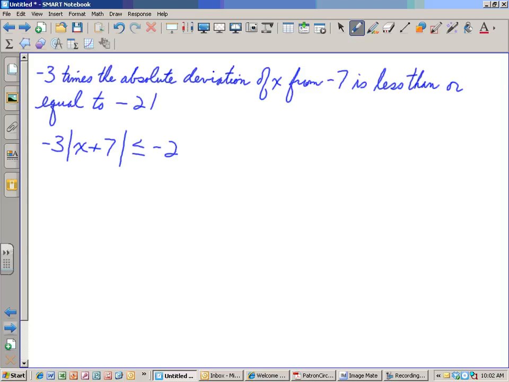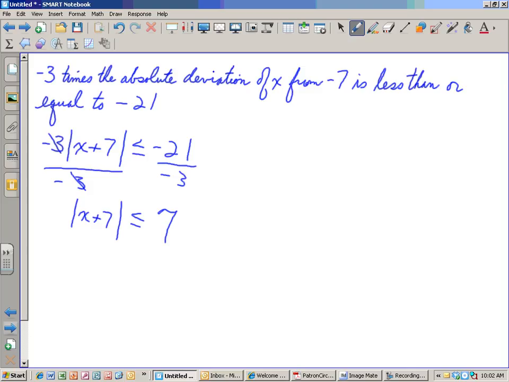All right. Now, before we go to case 1 and case 2, which we cannot do yet, what do we have to do? You divide by -3. Okay, so we're going to divide by -3. And so I have the absolute value of x plus 7 is less than or equal to 7. Yes or no?